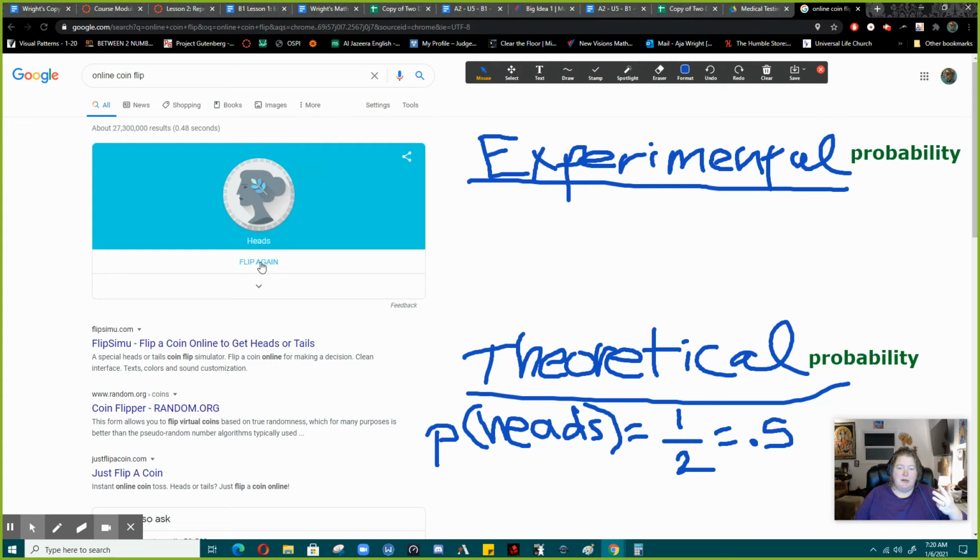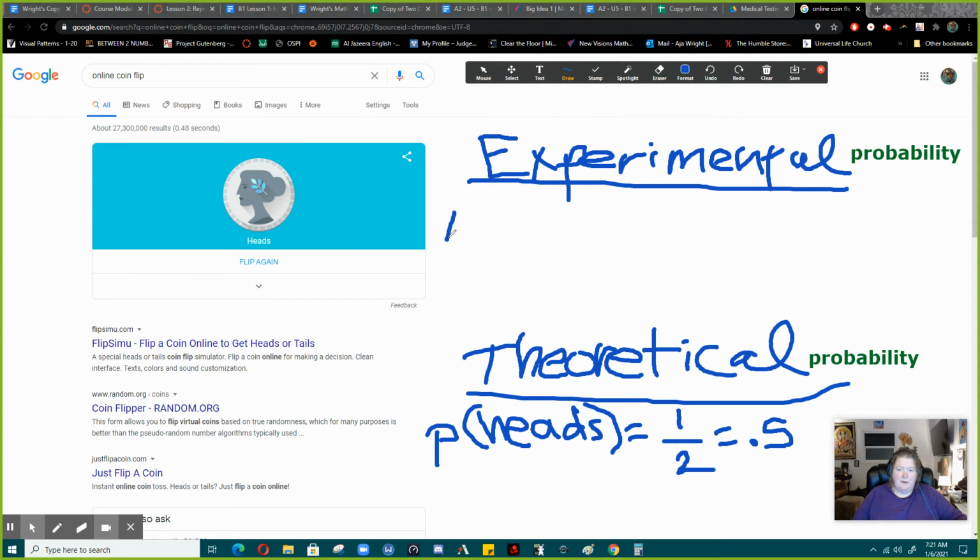Here's my sixth try, heads again. Seventh try, I got tails. Eighth try, I got heads again. Ninth try, heads again. 10th try, heads again.